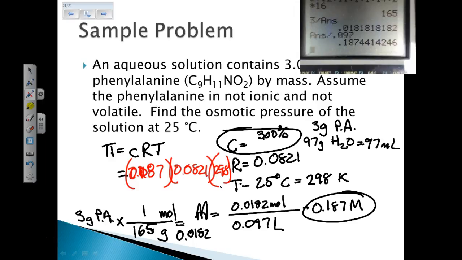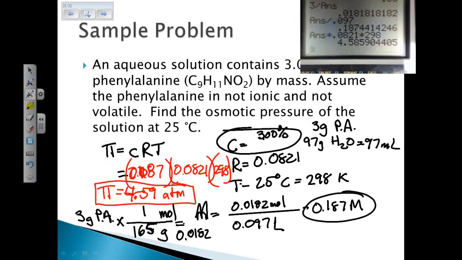So we do the molarity times 0.0821 times 298, and we get an osmotic pressure equal to 4.59. The units on that, let me double check, are going to be atmospheres.